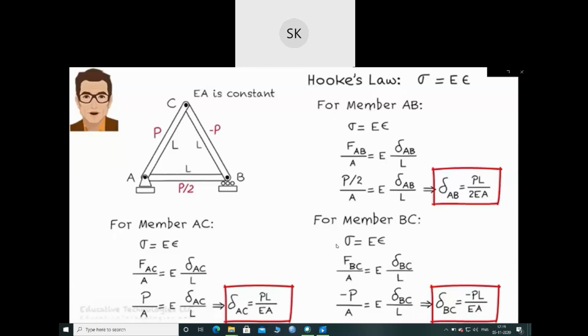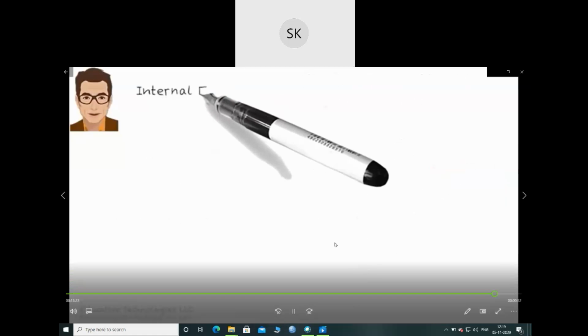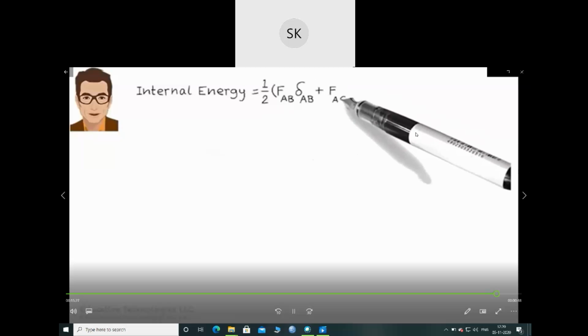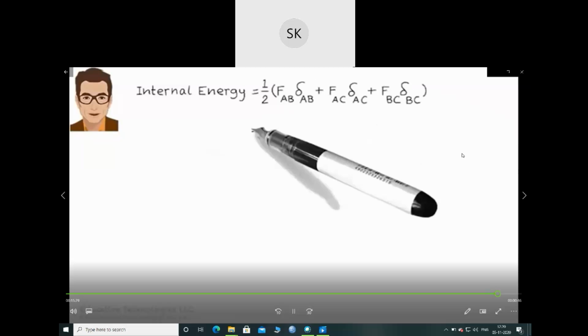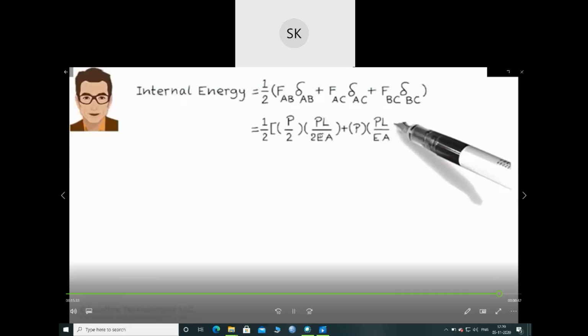Then, the total internal energy stored in the truss equals the sum over all the member forces.